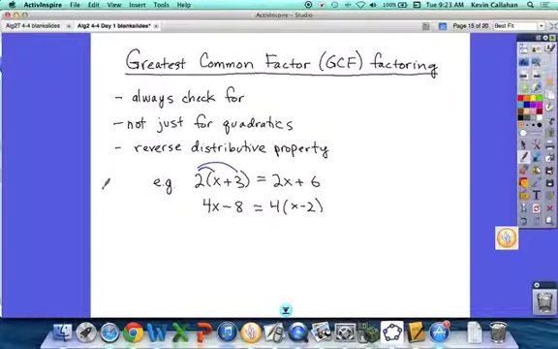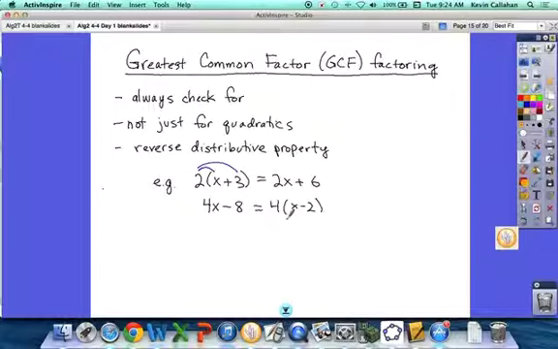In greatest common factor factoring, it's actually the reverse. You try to imagine if there is a number that I could take outside parentheses to make it look like that. And really what you're trying to say to yourself is, what is the greatest factor that the terms you see have in common?